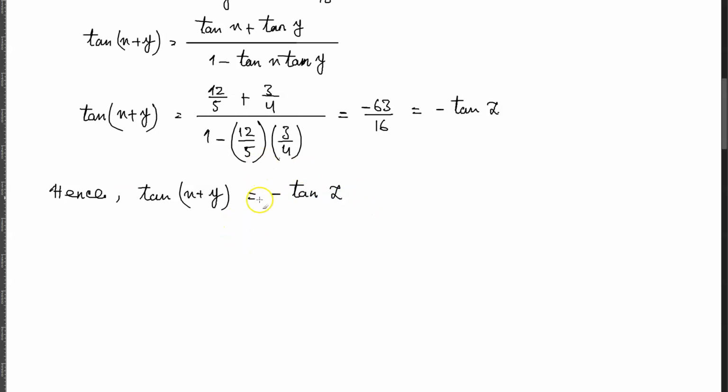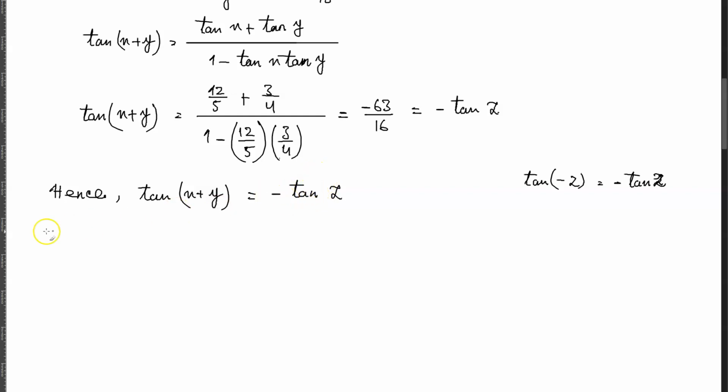Negative tan of z. Now this can have two different types of meanings. You know that tan of negative z, of course, is equal to negative tan z. That is of course always true. But that can have another meaning as well.